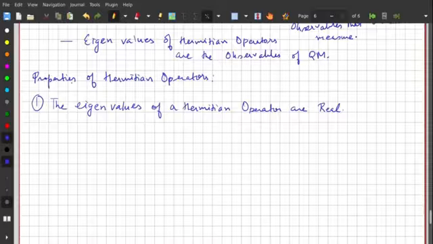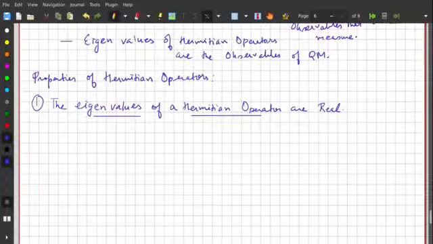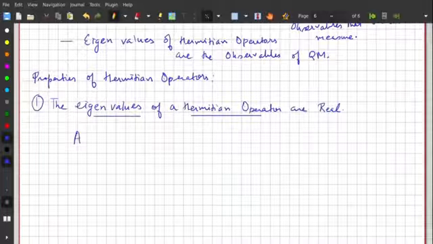Let's do it. So you want to understand the eigenvalues of a Hermitian operator. That means the Hermitian operator should pose an eigenvalue problem. So let's write the eigenvalue problem first. Let's say an operator A acting on a function f gives us a scalar multiple of the function f.